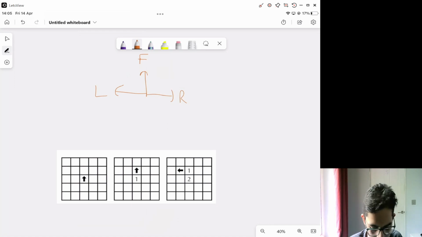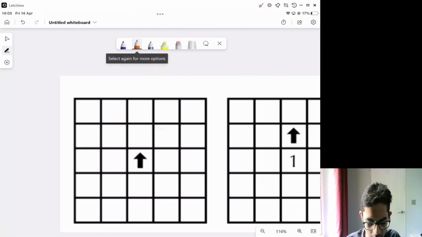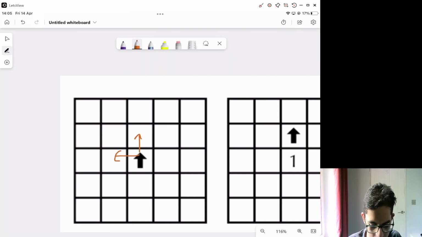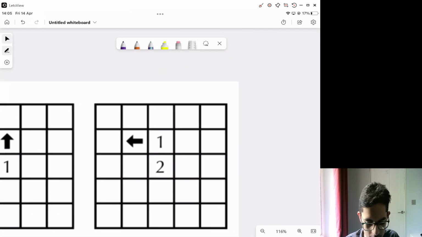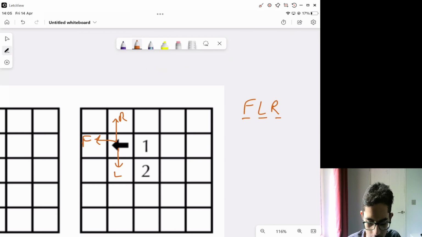So for example, in this situation over here in the leftmost cell, forward would be up, and then left and right exactly as normal, just the north, east, west directions. However, if we go to this particular situation, this cell would be forward, this would be right, and this would be left. This makes the implementation significantly easier, since this is how the forward, left, right commands which the question requires us to use work. They're all relative to the explorer.